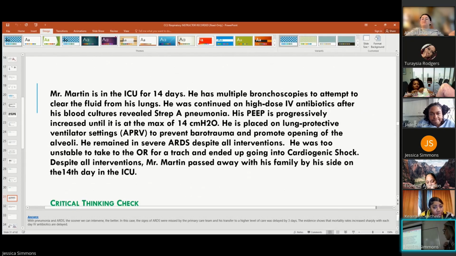He is placed on lung protective ventilator settings to prevent barotrauma and promote opening of the alveoli. He remained in severe ARDS despite all interventions. He was too unstable to take to the OR for a trach and ended up going into cardiogenic shock. Despite all interventions, Mr. Martin passed away with his family by his side on the 14th day in the ICU.